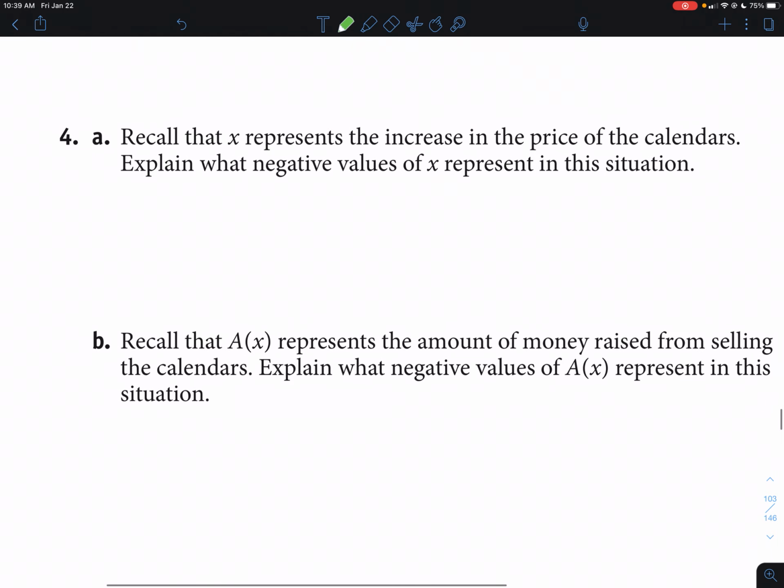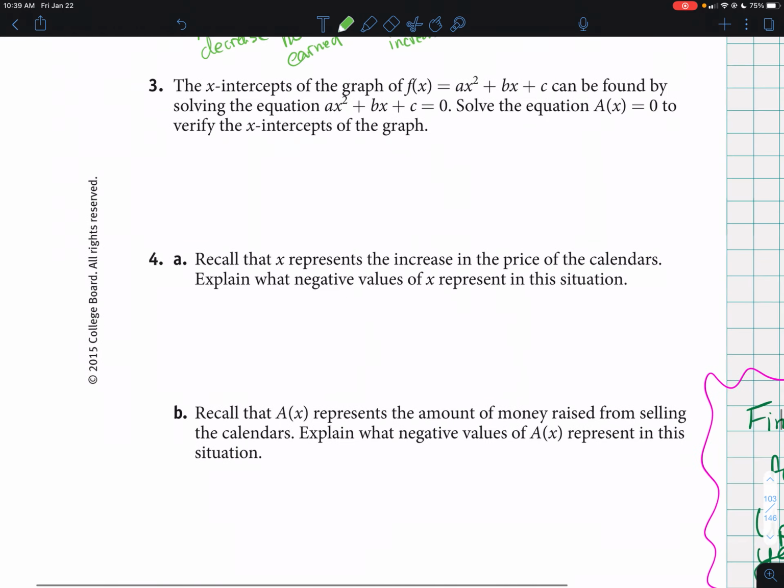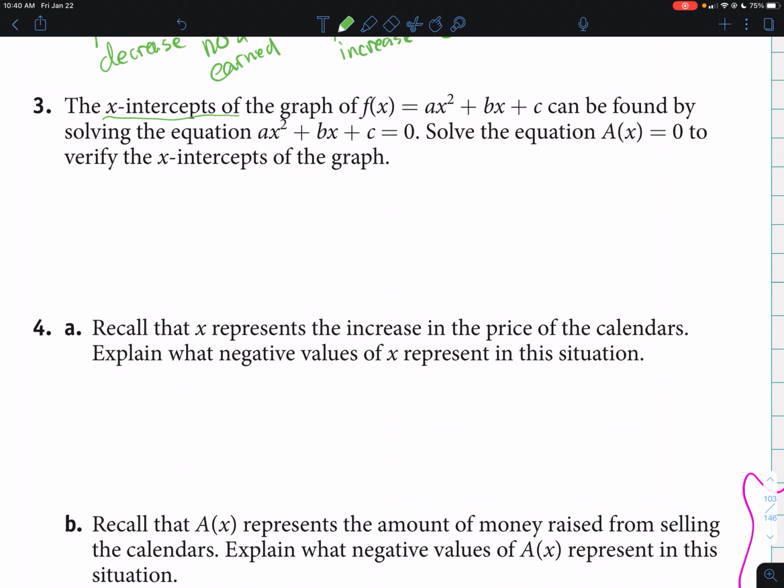So 3 and 4 here are really where we start getting into the math of it, okay? The x-intercepts of the graph, in standard form, really any form, can be found by solving the equation by setting it equal to 0. So you take your function, whatever it is, and you set it equal to 0.